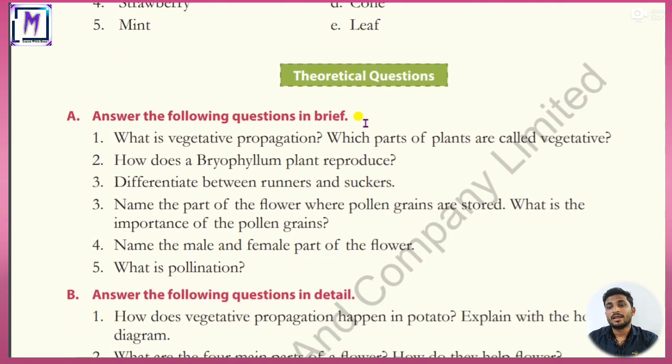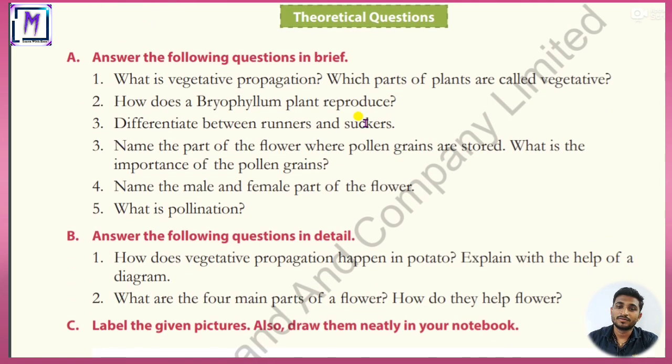Now see, the theoretical questions are shown. The first question, question A, answer the following question in brief: what is vegetative propagation and which parts of the plant are called vegetative? Let's focus on the first question. What is vegetative propagation? It is reproduction in the plant through its stem, roots and leaves.